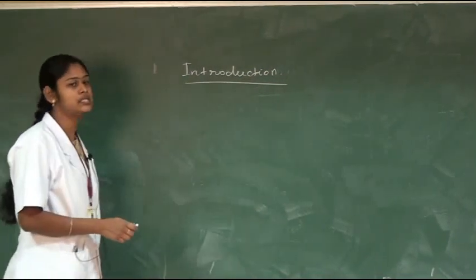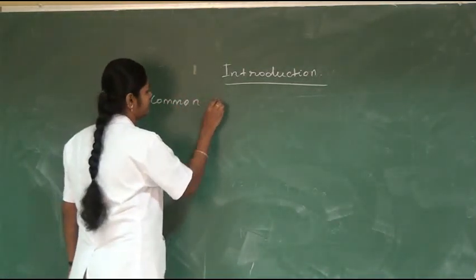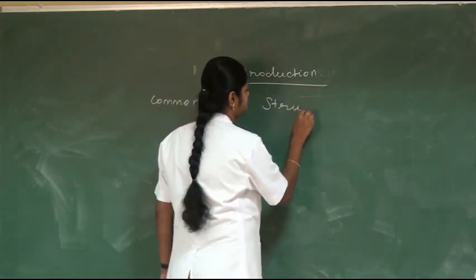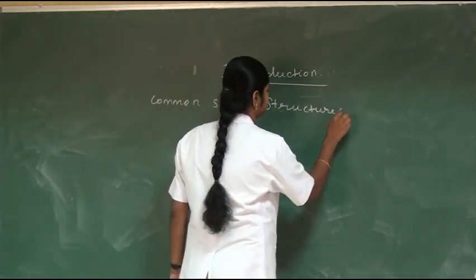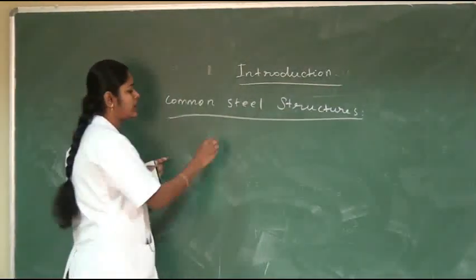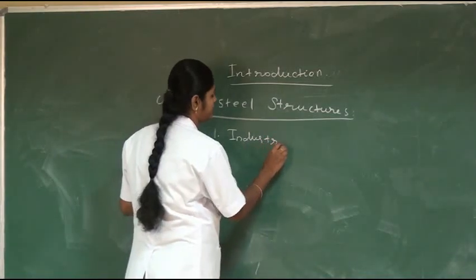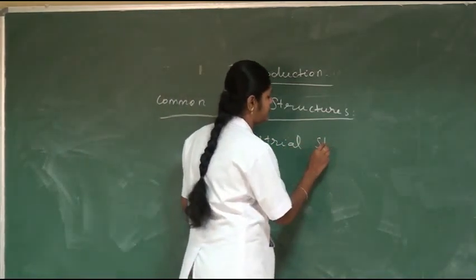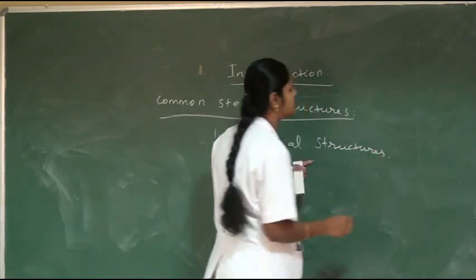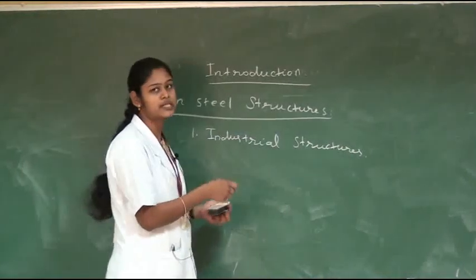First, the common steel structures. In common steel structures, we are using them in industrial structures. In industrial structures, the steel members are used as columns, beams, and in roof trusses.